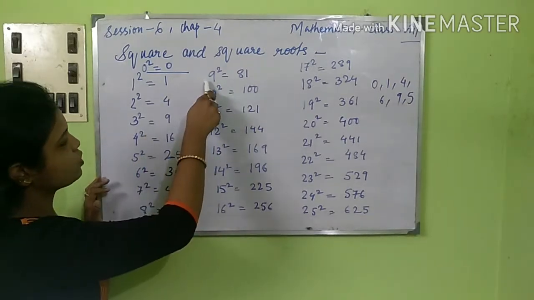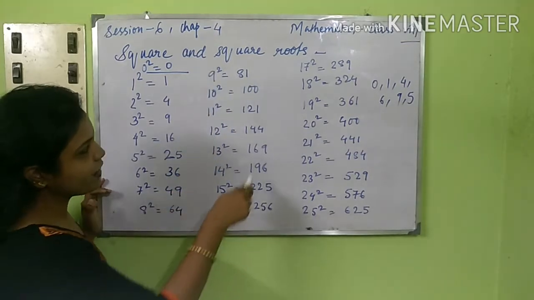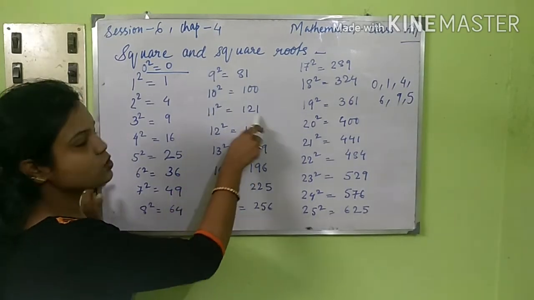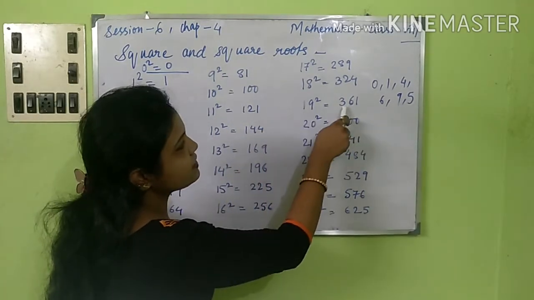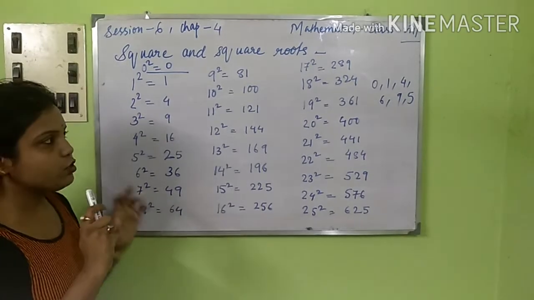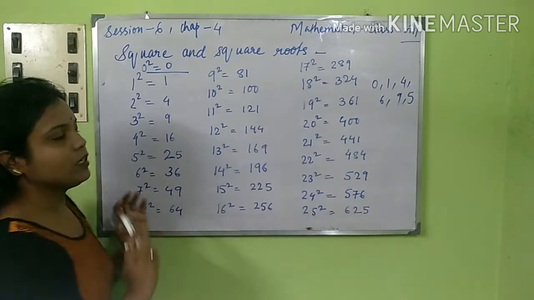Again, 9 square is 81, 1 in the units place. 11 square is 121, 1 in the units place. For 19, it is 361, right? So for these numbers, we have 1 in the units place.